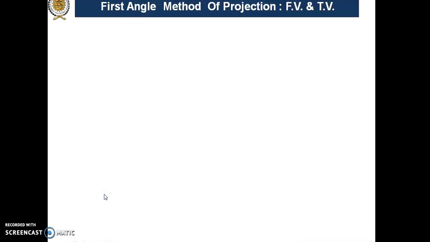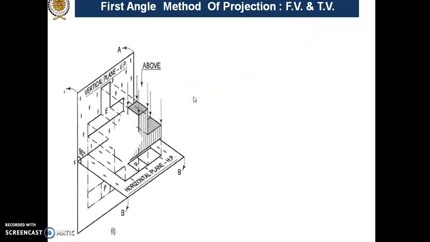Now let us assume that the object is placed in the first quadrant and we have to draw the front and top views. Let us assume that the object is viewed from the front side and the projectors are drawn from the various points on the contour of the object so as to meet the vertical plane as shown in this figure.